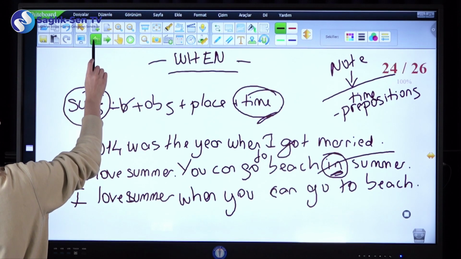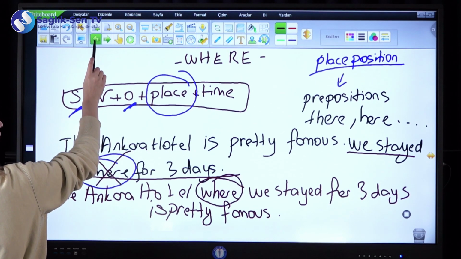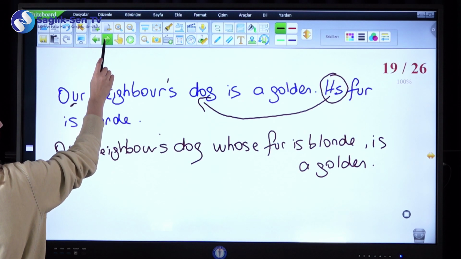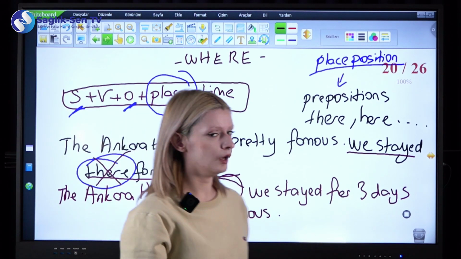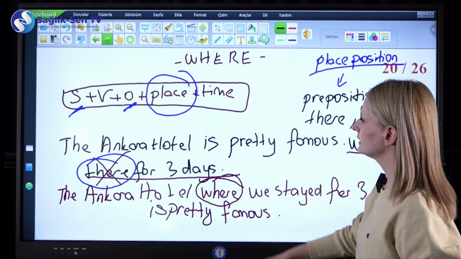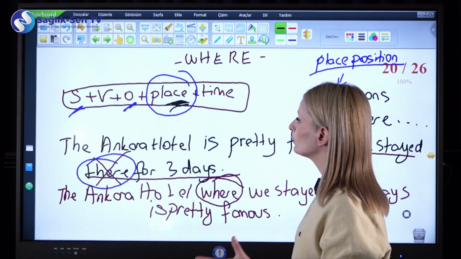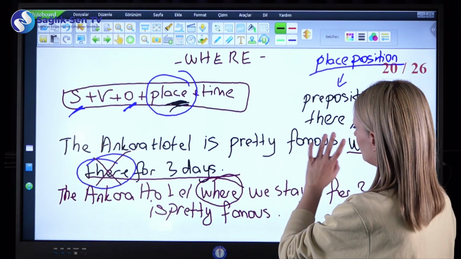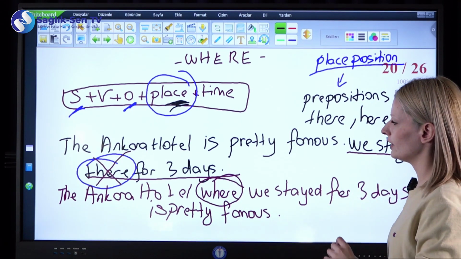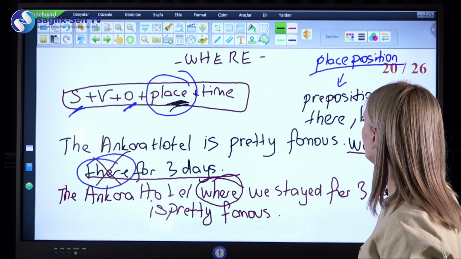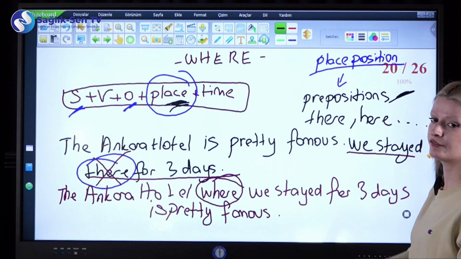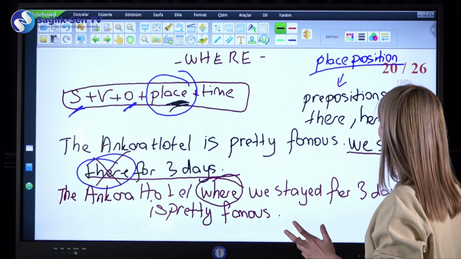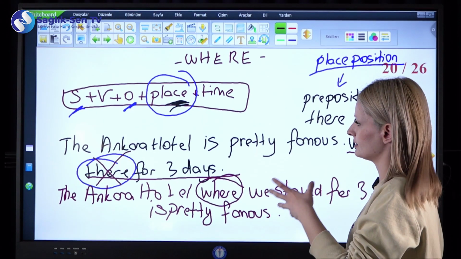Let's do a quick review of whose and where. Okay, we talked about the place. We need a place meaning in our sentence. The Anchor Hotel is pretty famous. We stayed there for 3 days. Again, we have some clues. I can have a preposition that indicates place, or there and here.